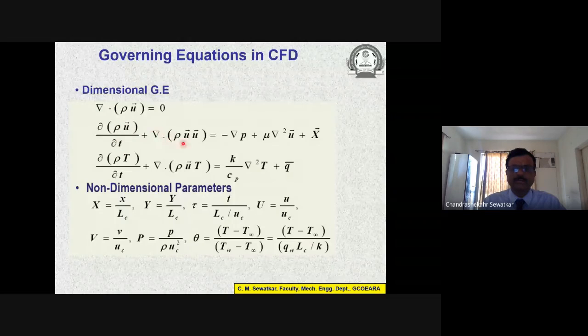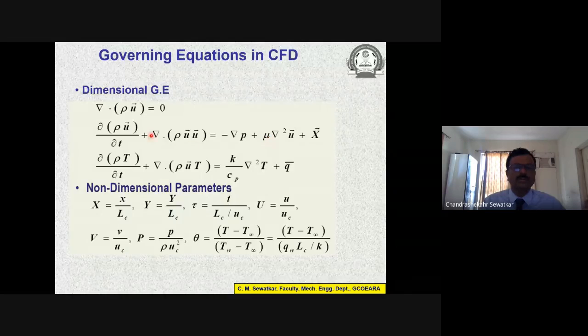The second term represents the convection in the flow. On the other side, we have the pressure force, then the viscous force, and a body force. If you look at this equation carefully, the left hand side represents rate of change of momentum, and rate of change of momentum is nothing but force.